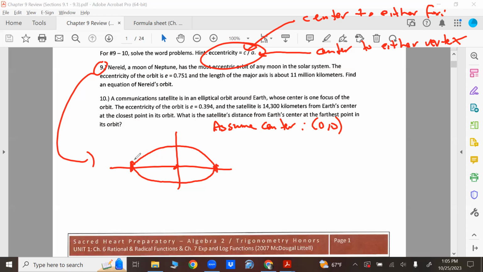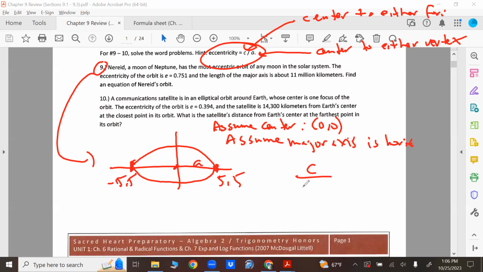You make it Y, I don't care. But assume the major axis is horizontal. So what are going to be the x-intercepts here then? 5.5, totally right, 5.5 and negative 5.5. Okay, so that's A.